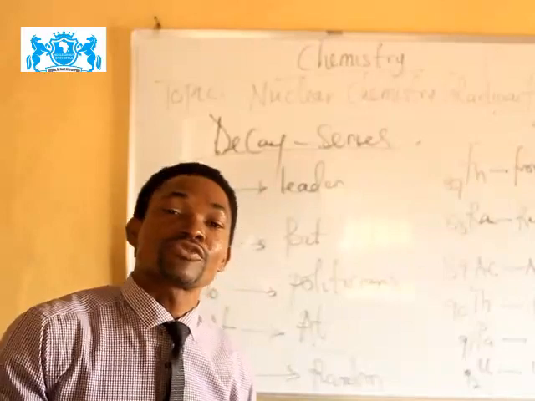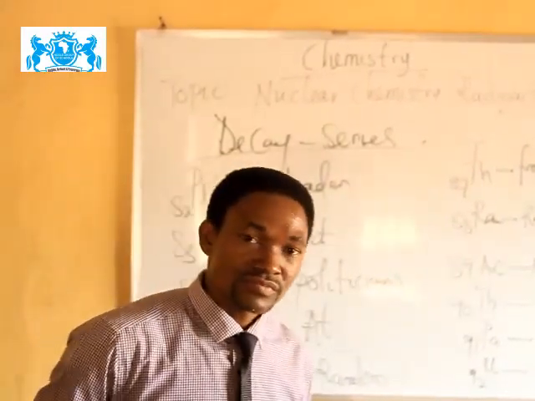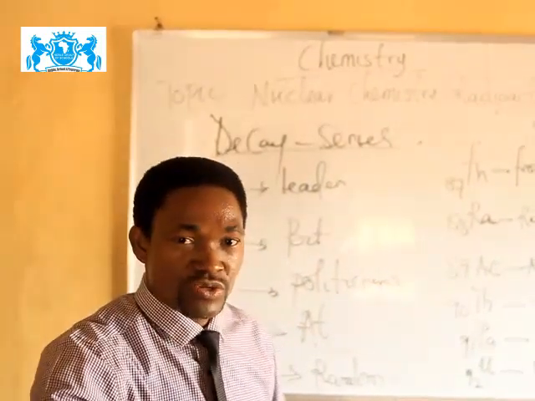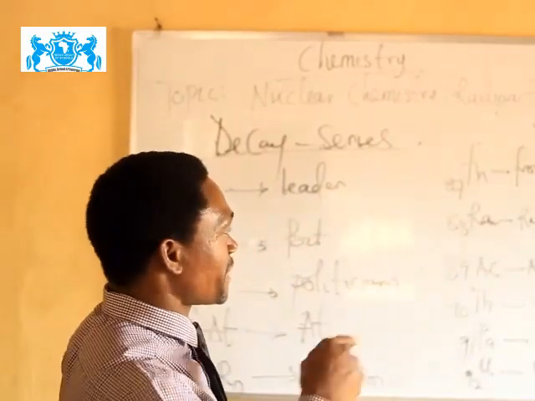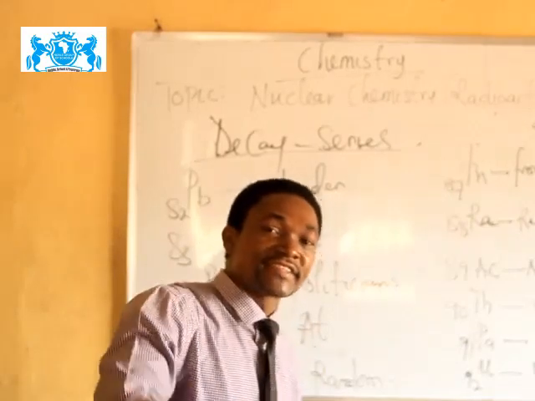According to the second law, if an element undergoes beta decay, the daughter nucleus will be found 1 place to the right of the parent nucleus.